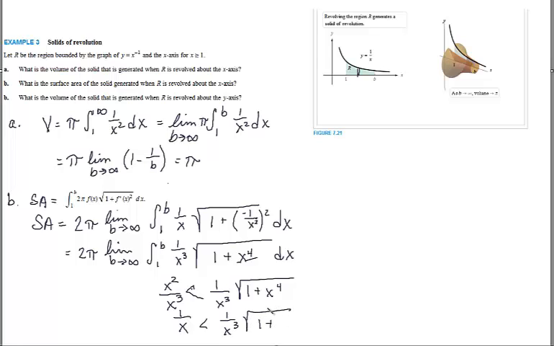And I already know that this 1 over x is going to diverge. I looked at that in a previous problem, so this thing just keeps getting bigger and bigger and diverges.